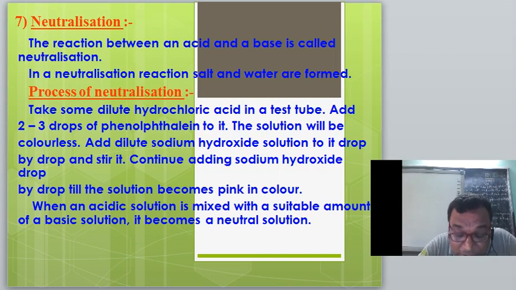How will you come to know that the reaction is being carried out, or that the solution is acid, base, or becomes neutralized? It all depends upon the color change of the phenolphthalein.